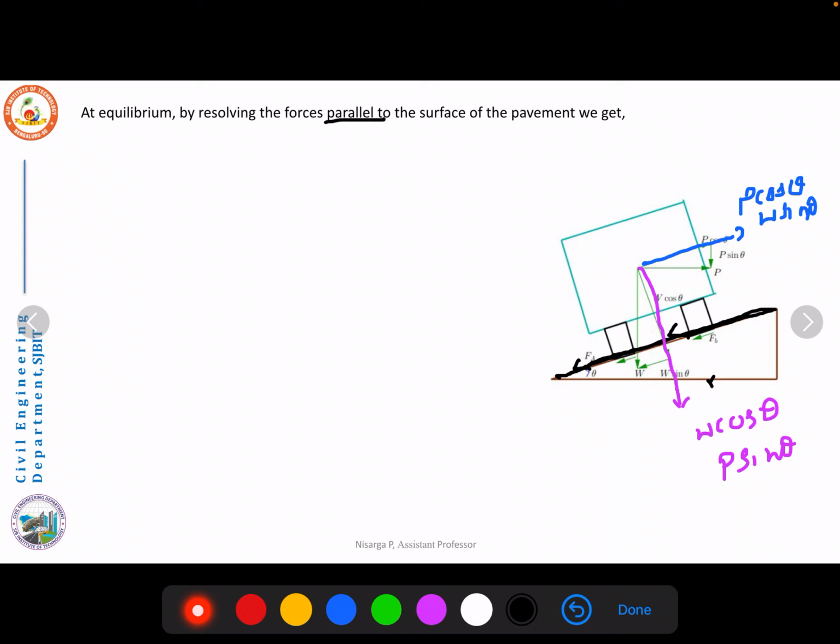So let us first consider all the forces parallel to the surface. When we resolve the weight component, we have to see that it acts in the opposite direction, since the angle theta is subtended with respect to this.